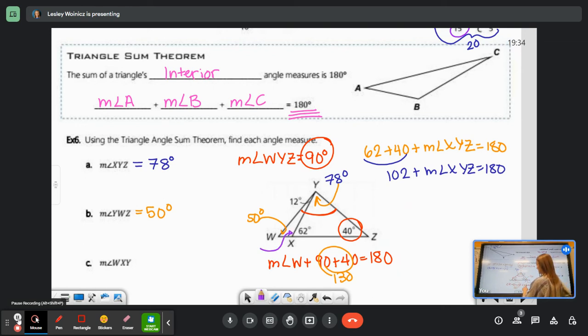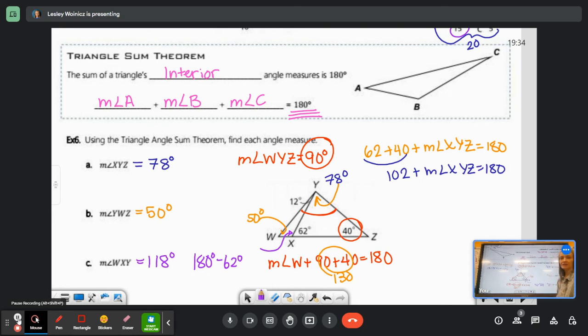Well, that one forms a linear pair with 62 degrees, so what's 180 minus the 62 degrees? 180 minus 60 is 120, minus 2 is 118. 118 degrees. If that's not right, don't tell me. The shame would kill me.